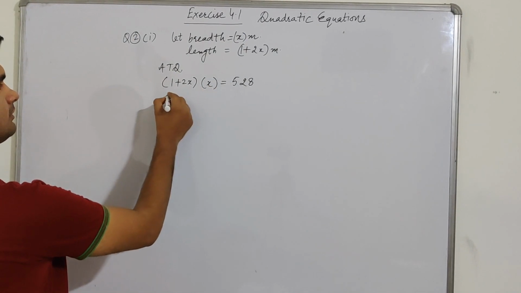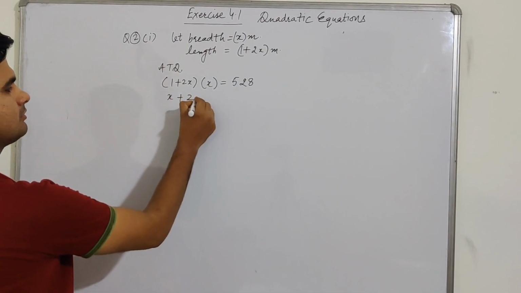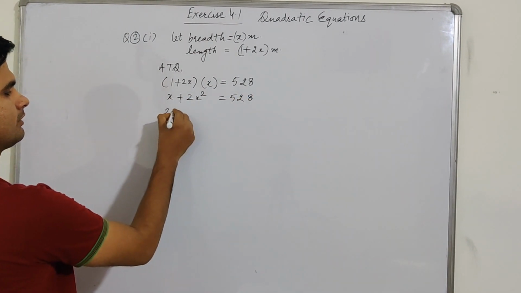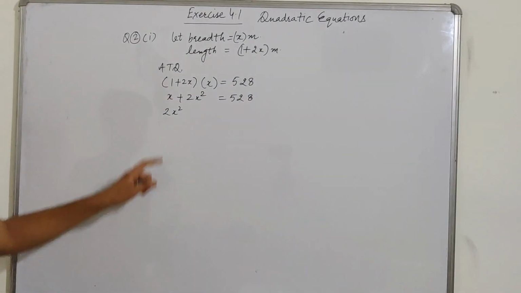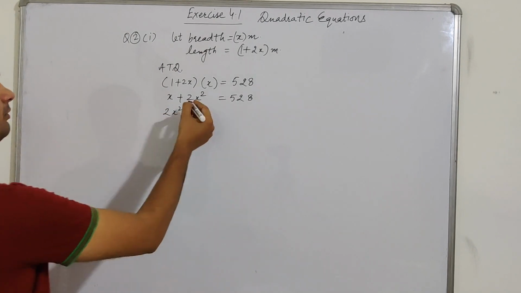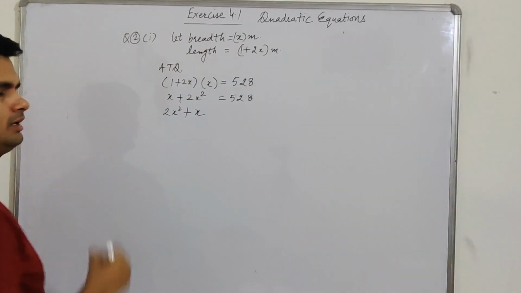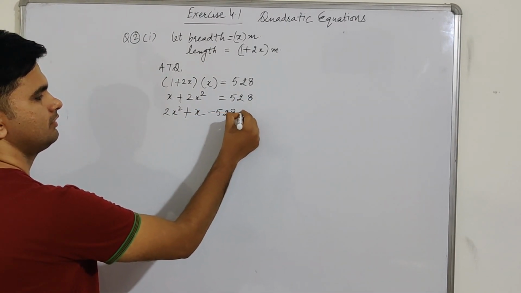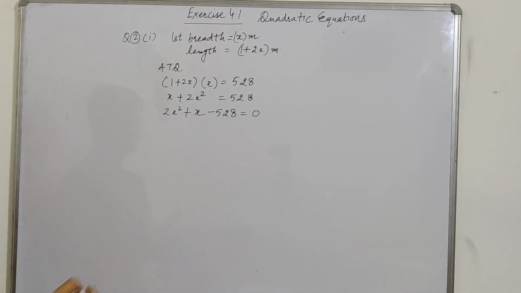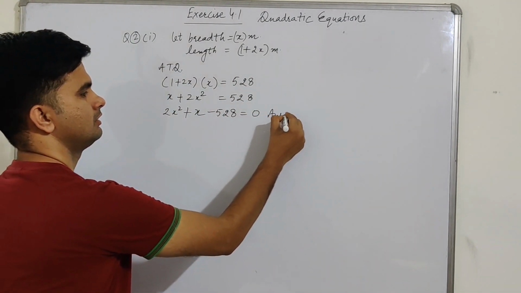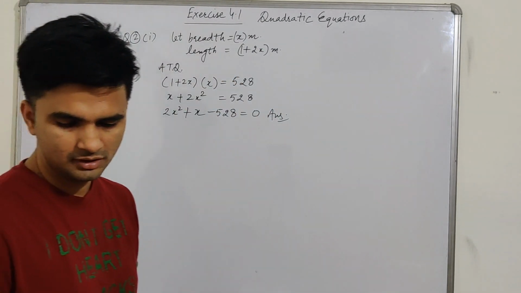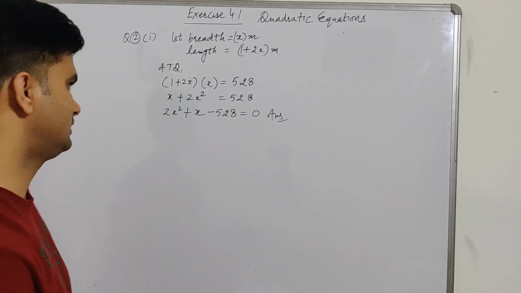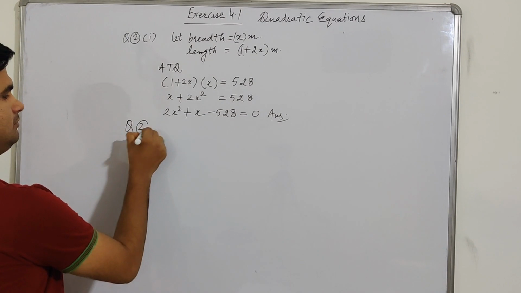Now multiply: x + 2x² = 528. First we write the term with the highest degree, 2x², then the degree 1 term, after that the constant term, taking 528 to the left-hand side, right? So this will become your answer, because they said to represent the situation in the form of a quadratic equation. Then come to the next part.